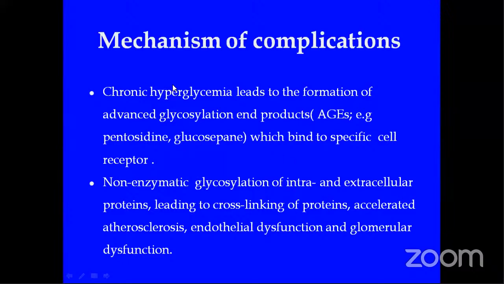Okay, first, and they undergo cross-linking. അപ്പൊ ഈ AGE, പെൻഡോസിഡിൻ ആൻഡ് ഗ്ലൂക്കോസ്പെയിൻ, all this proteinated glucose ആണ് advanced glycosylation end product. This binds to this specific receptor and this facilitates cross-linking of these proteins.